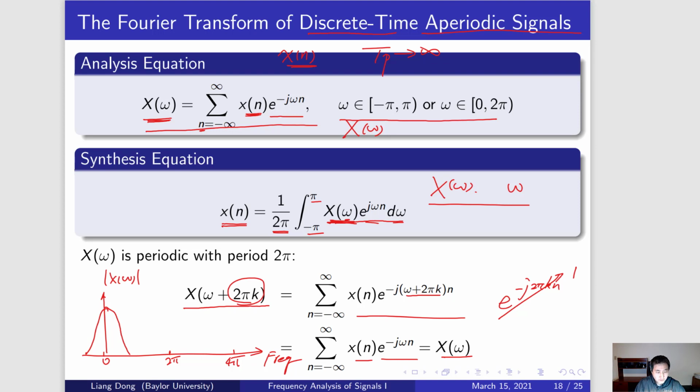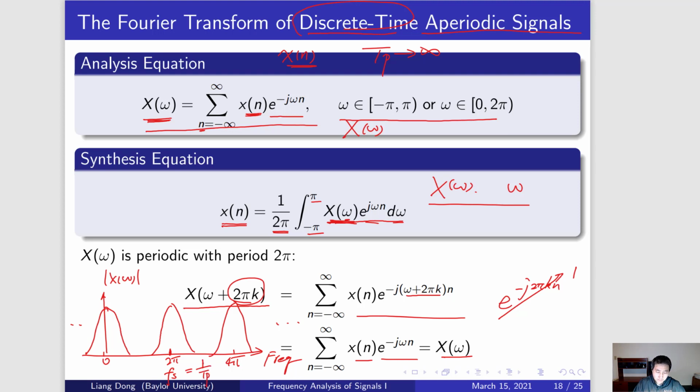I should have another copy centered at 2 pi, another copy centered at 4 pi, another copy at 6 pi, another copy at negative 2 pi. This is due to the fact that we are discretized in the time domain. And what do you think about this frequency point at 2 pi? What does that stand for? Well, that stands for the sampling frequency, which is Fs, which is 1 over T sub s.